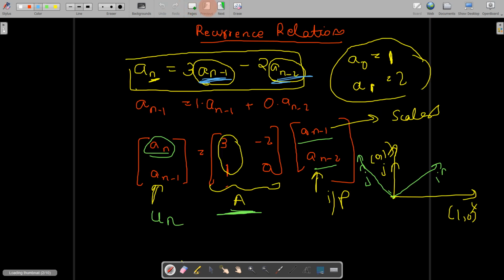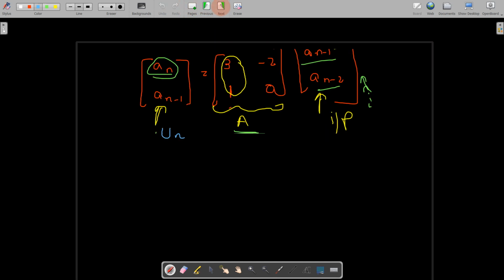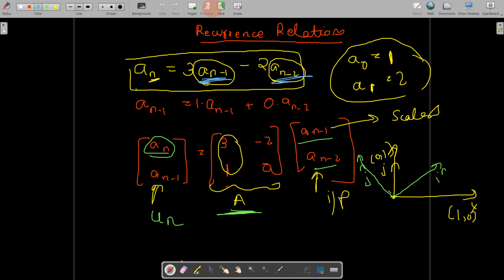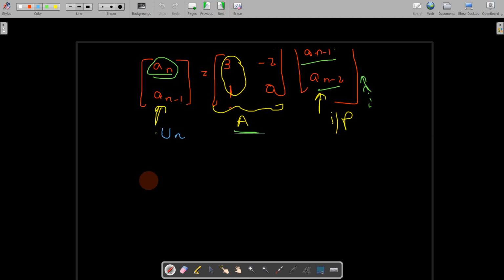We will go to the first page. This was our initial condition. We know that A0, the 0th term of this recurrence relation, is 1 and the first term is 2. So we have to write it in terms of the known inputs, that is A1 and A0.